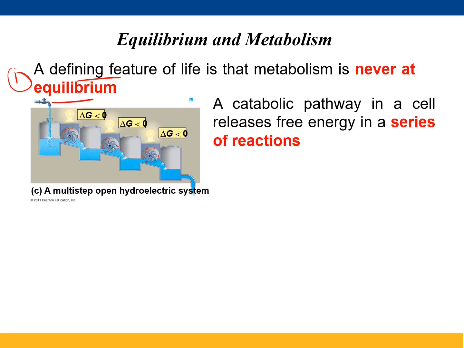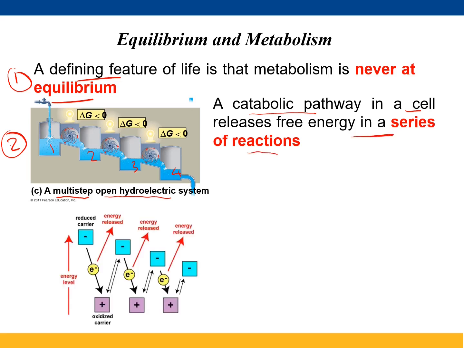The second thing that we talk about is that, instead of having one hydroelectric system, we have a multi-step series of open hydroelectric systems. So here you can see 1, 2, 3, and 4. And all of them are harnessing energy. And in a few slides, I will show you what a catabolic pathway is, because cells are constantly harnessing energy through a series of reactions.